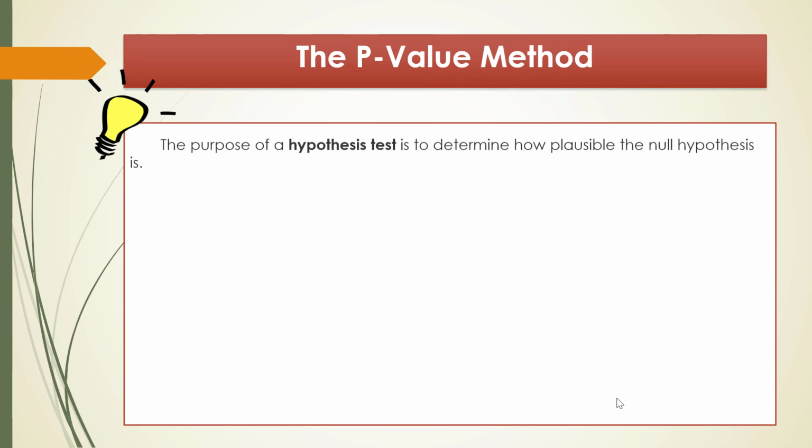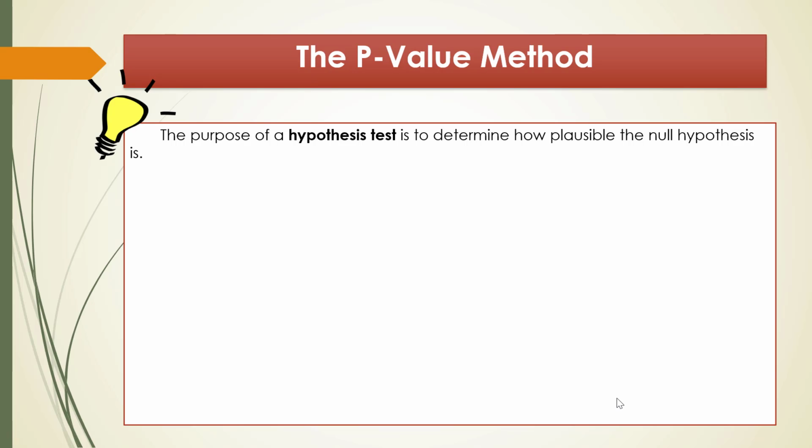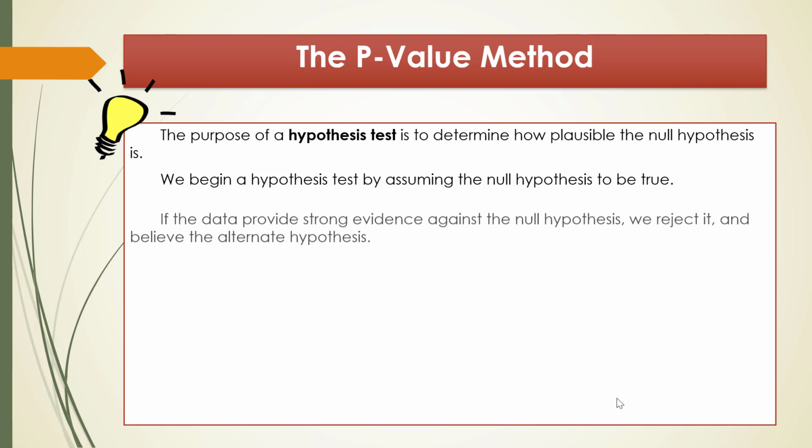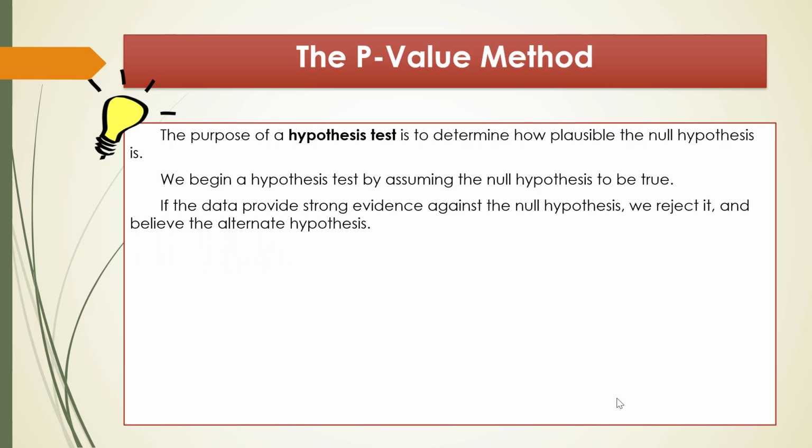To perform a p-value method, note that the purpose of a hypothesis test is to determine how plausible the null hypothesis is. We begin a hypothesis test by assuming the null hypothesis is true. If the data provide strong evidence against the null hypothesis, we reject it and believe the alternate hypothesis.